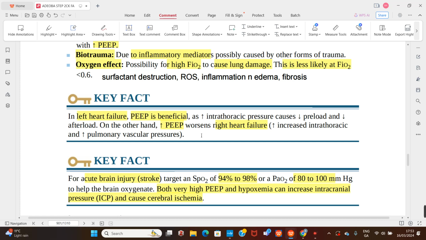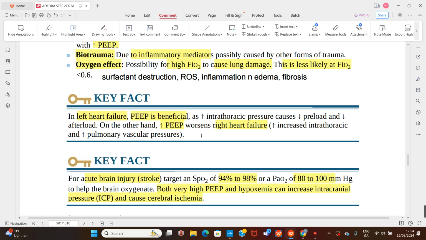The lungs occupy the thorax. The lung is the major organ in the thorax, so anything that happens in the lung is going to affect the thoracic pressure. So because of that increased positive end expiratory pressure in the lungs, there's an increase in the intrathoracic pressure too.